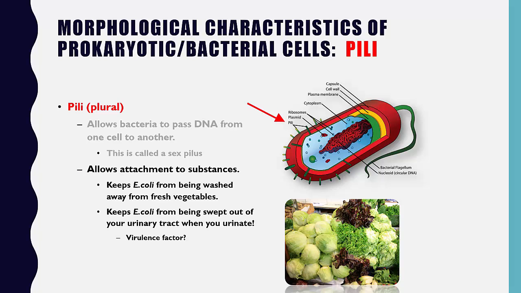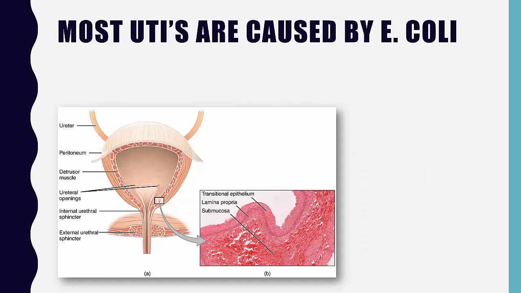So, do you think that this is a virulence factor? Oh, yeah. Here's a very good example of what I'm talking about. Now, it turns out E. coli is the number one cause of urinary tract infections. Oh, yes, it is.